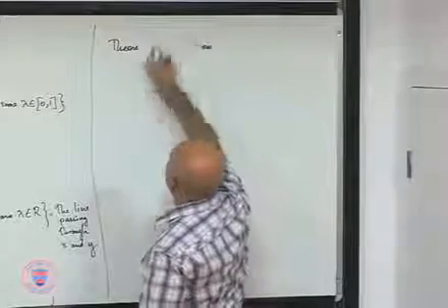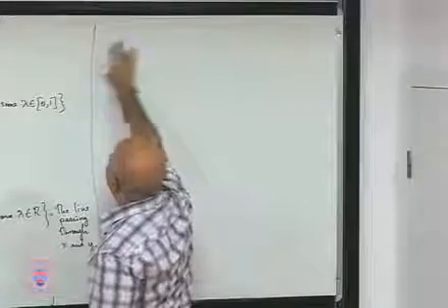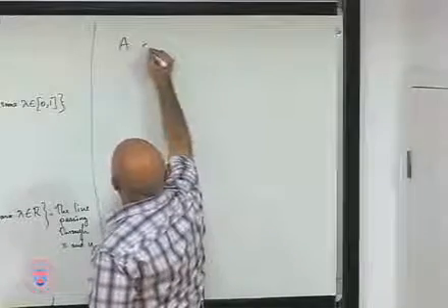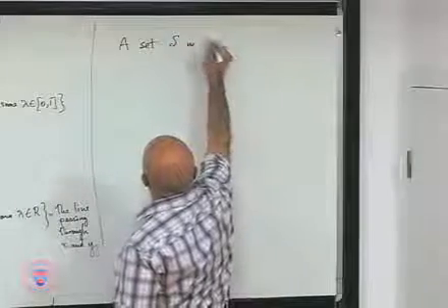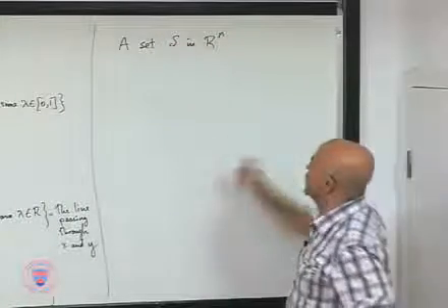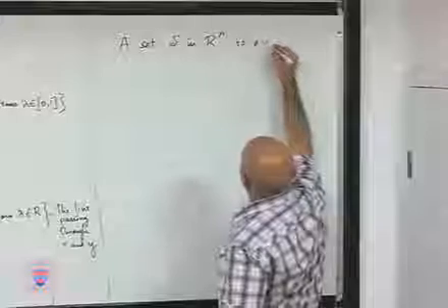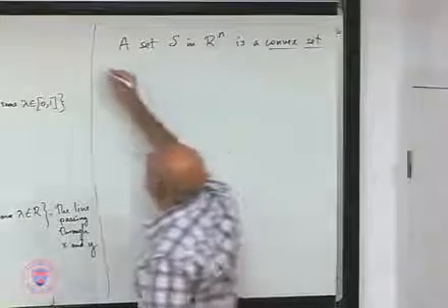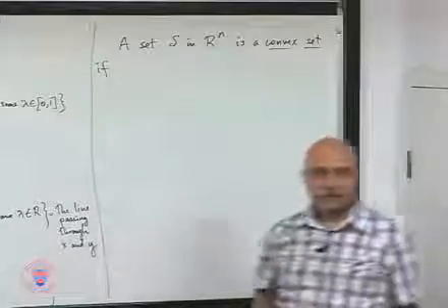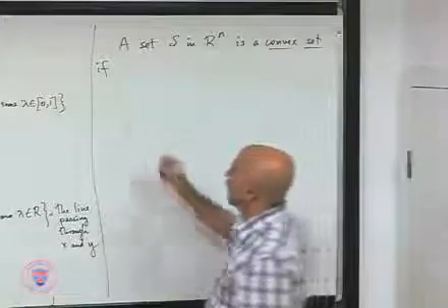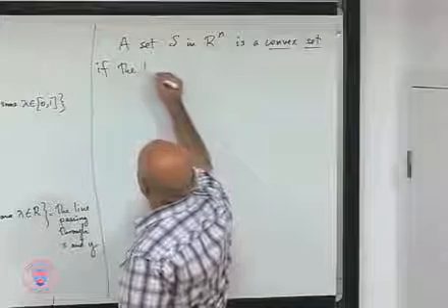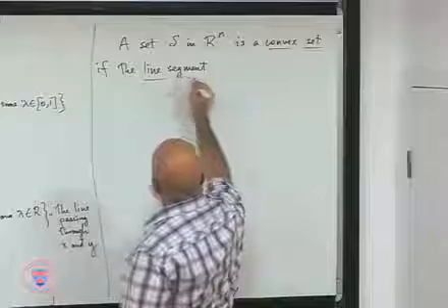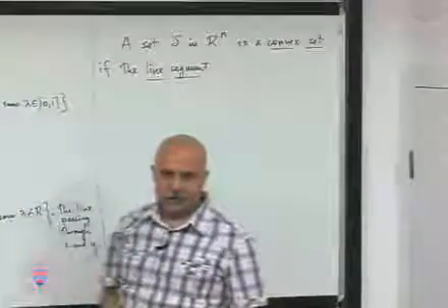What's before the theorem? I should tell you what a convex set is. A set S in the n-dimensional space is a convex set if the line segment, in the sense I defined it here, okay?